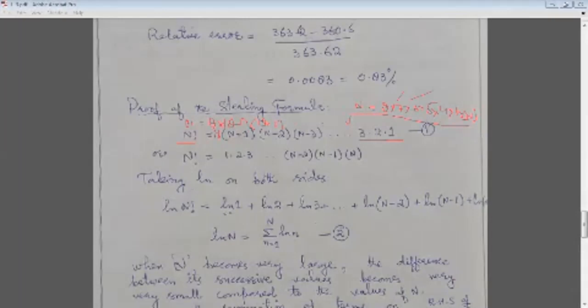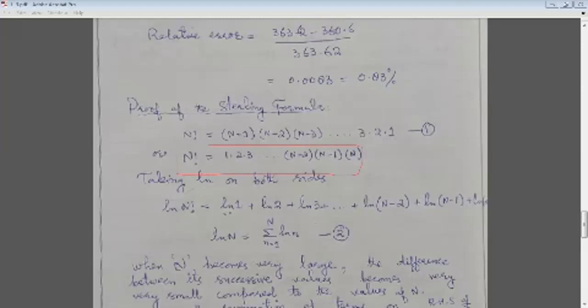So you can also write n factorial as 1, 2, 3, and so on up to n minus 2, n minus 1, up to n, the number which you started from. Suppose I started from 8 factorial, here it will be 8, here it will be 1. So now you can practice this very simple question at home.